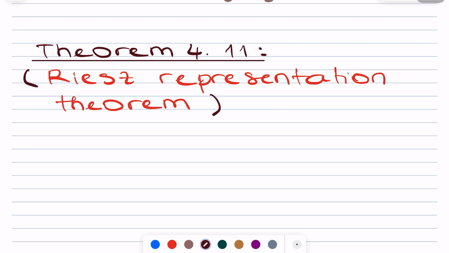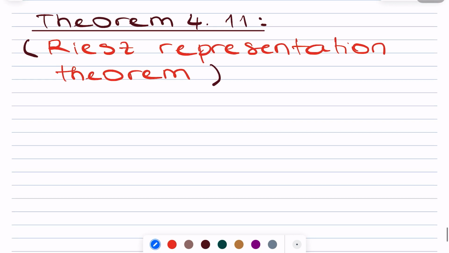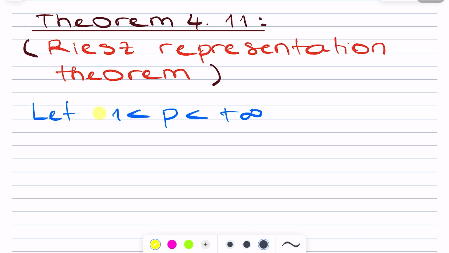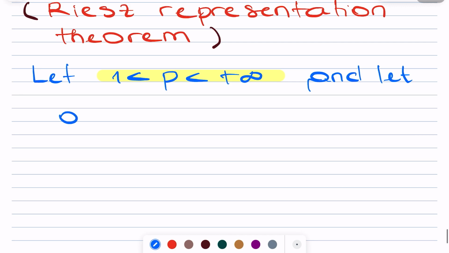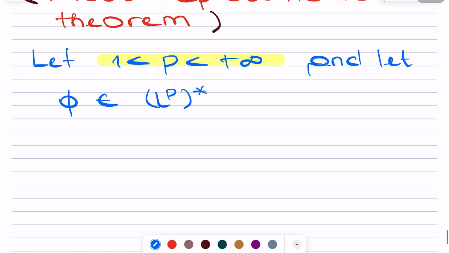Let 1 strictly less than p strictly less than plus infinity. So we are still in this case. And let phi be a linear bounded operator on L^p.